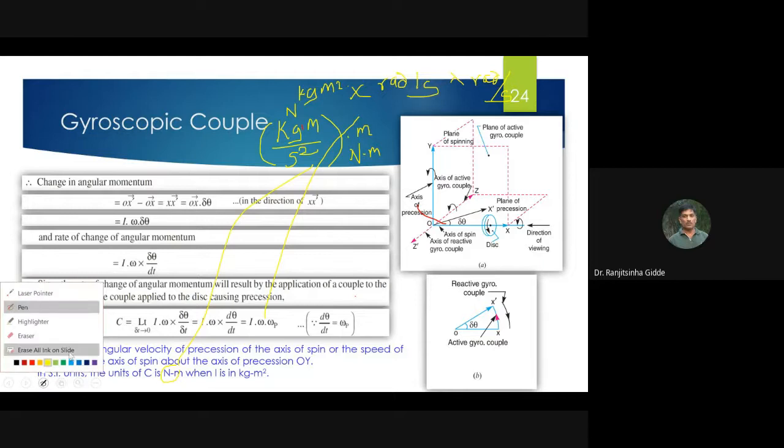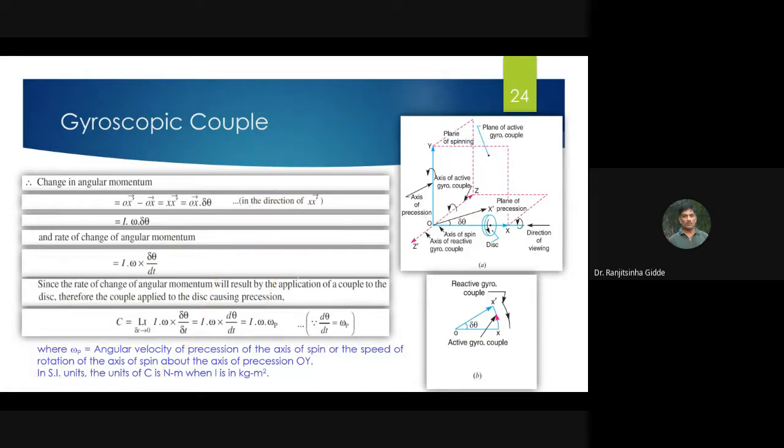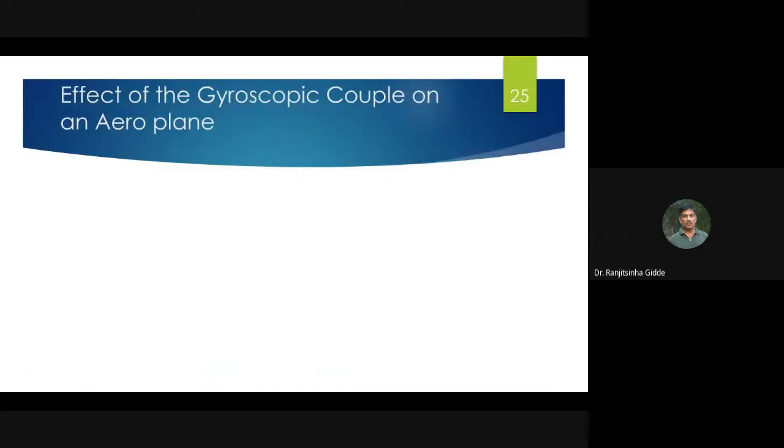Okay. So next, this is about gyroscopic couple. So numericals will be based on this, maybe a single answer numerical, or it may be useful for the MCQ. Okay. So next line. Now the first case we are going to discuss is regarding the aeroplane.